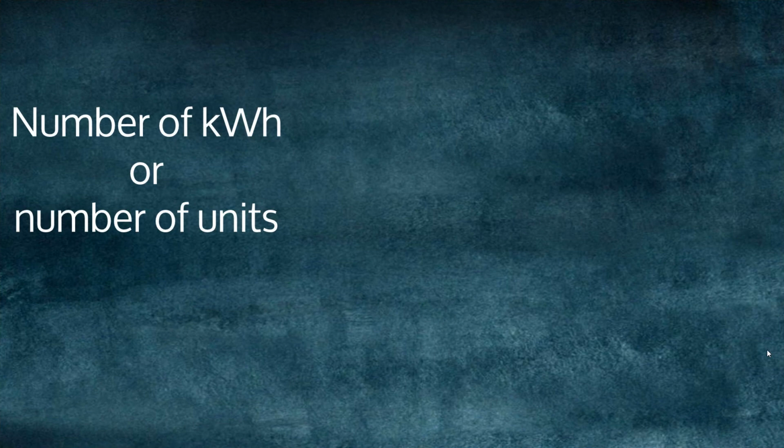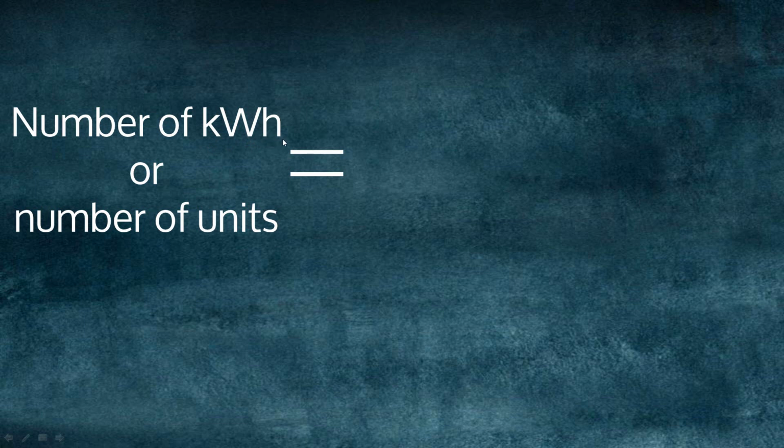Now, note these two formulae. The number of kilowatt hours, or what we call the number of units, has a special formula. How do you get it? Remember, you want to get kilowatt hours. Kilowatts, this is power, and if you talk about kilowatts, it means you're talking about power. And this hour, it means you're talking about time.